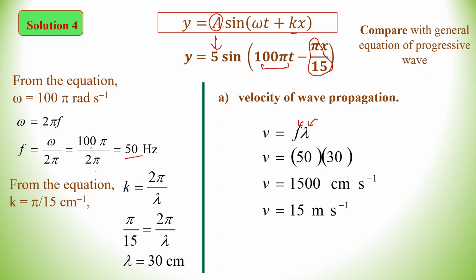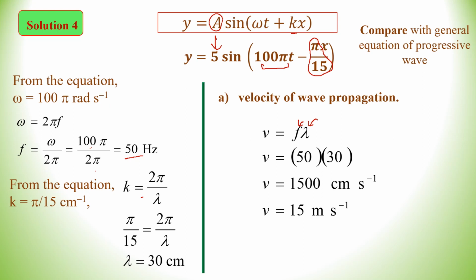Okay, so that's our frequency. How about lambda? Refer to the wave number. Formula for the wave number, k equals to 2 pi over lambda. From the equation, we get k equals pi over 15 per centimeter, or we can write radian per centimeter.